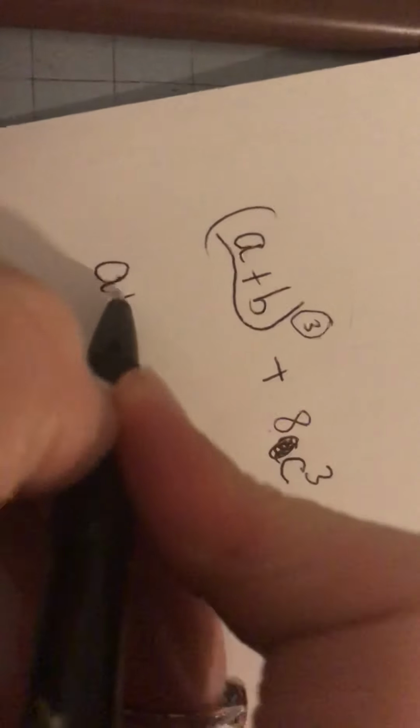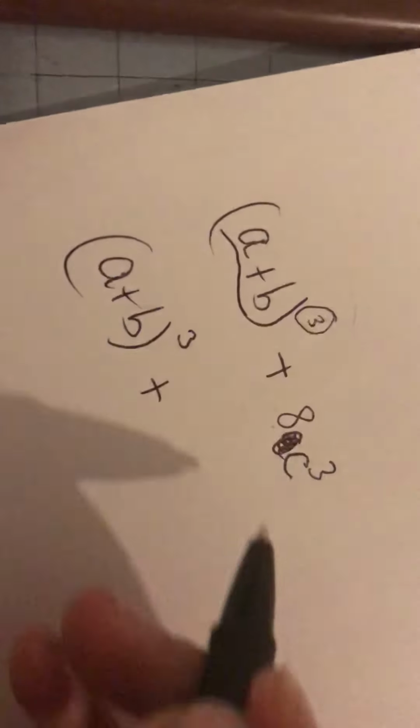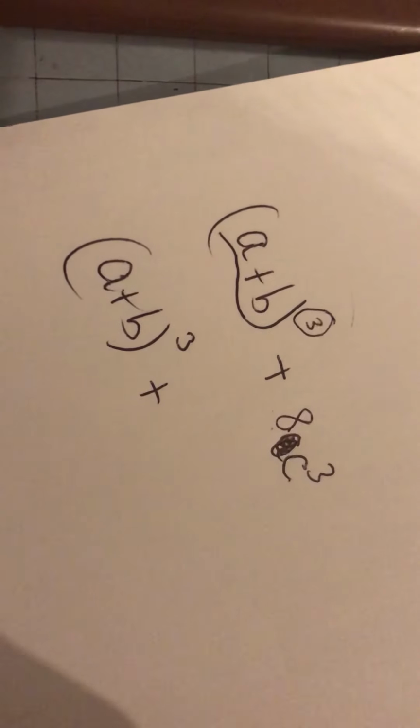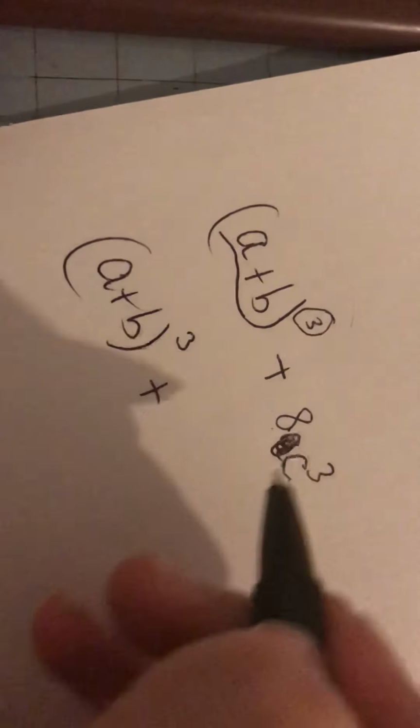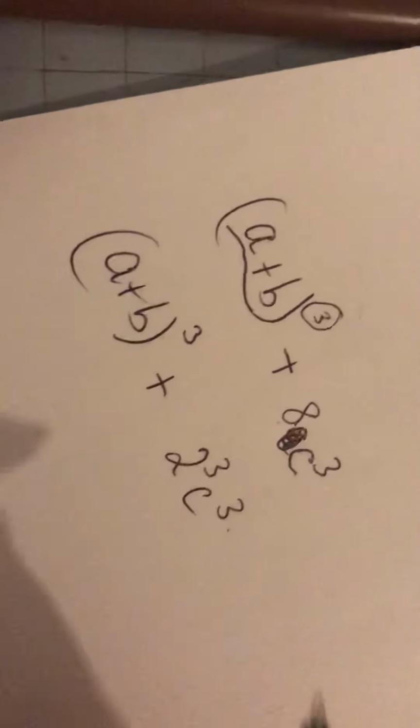So I have (a plus b) cubed plus, now 8 rewritten as something cubed is 2 cubed. So we can either write it as 2 cubed c cubed, or you could also write it as (2c) cubed.